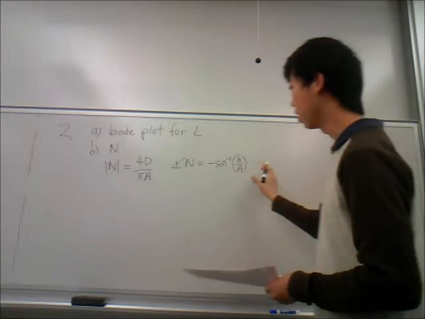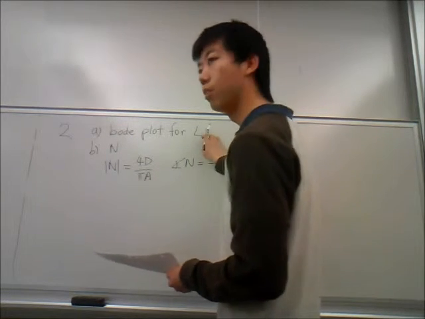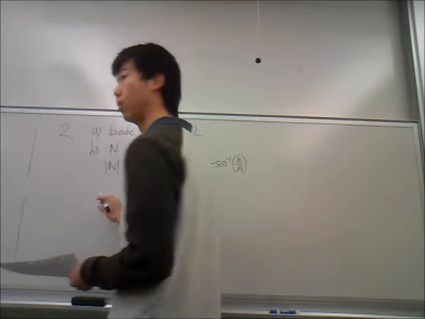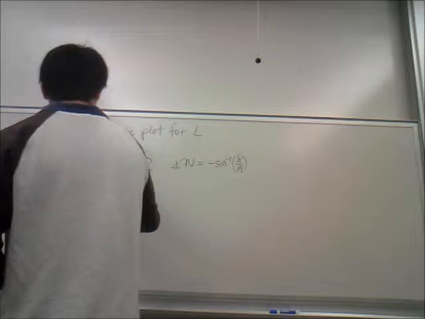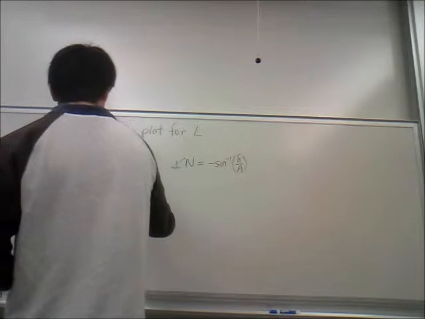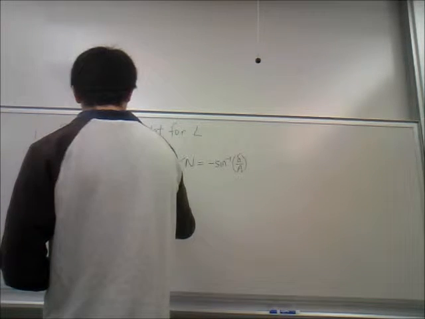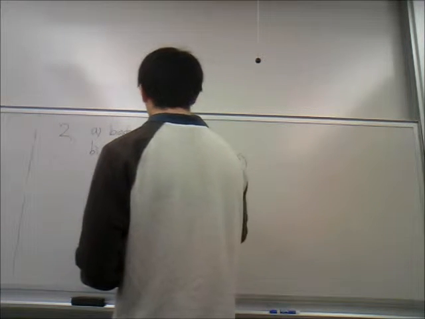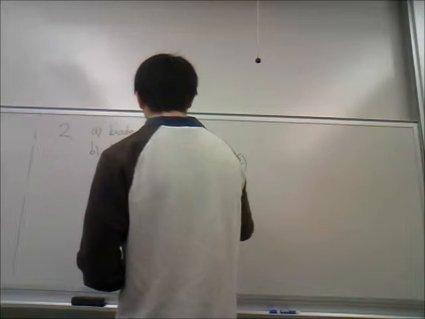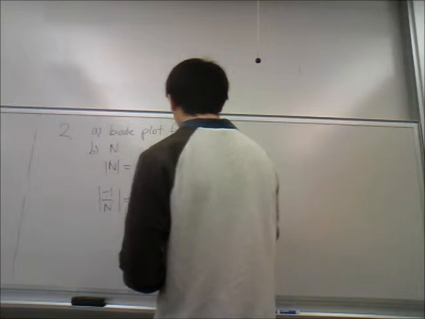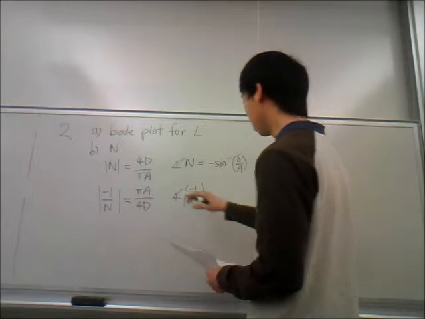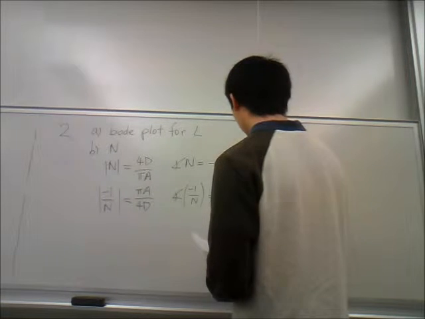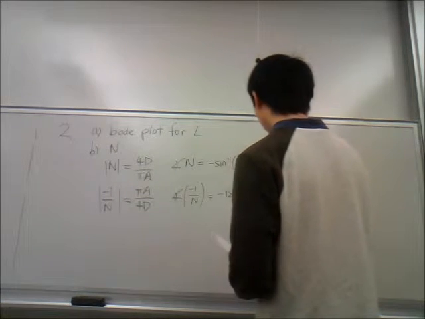For that we're plotting L and we're plotting -1 over N. The magnitude of that will just be pi A over 4D, and the phase, because it's negative, is -180 degrees plus this.